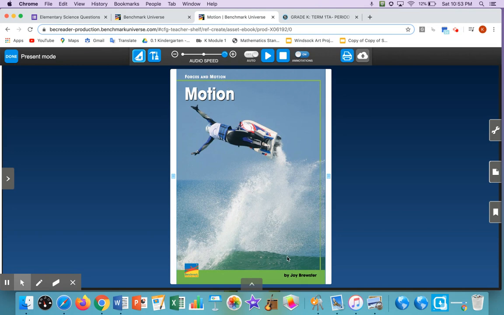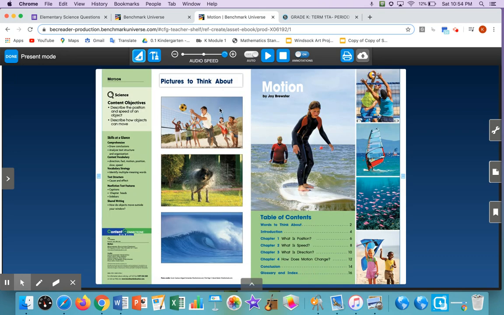And remember, this informational text is Motion by Brewster. I read the beginning of this informational text. You remember? So I'm going to look at the table of contents and show you. We did words to think about. I did the introduction. I read chapter 1, What is position?